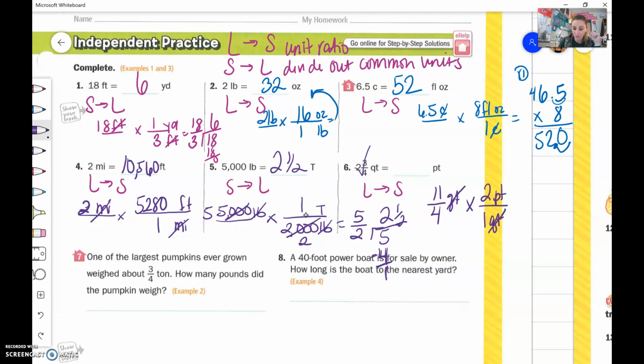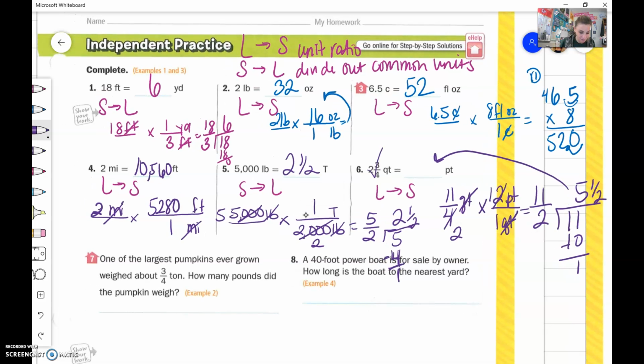I'm going to cancel that out, and then look what else I can do. I can also cross cancel this. 2 divided by 2 is 1. 4 divided by 2 is 2. When I multiply across, I get 11 over 2. When I divide that out, I get 5 1/2 pints. You could put 5.5, but it doesn't matter. Whatever you want to do, 5 1/2.